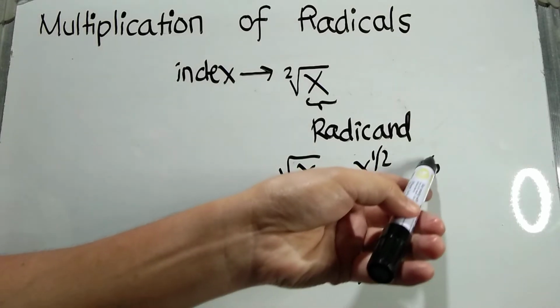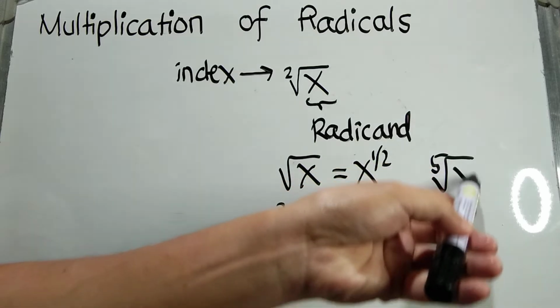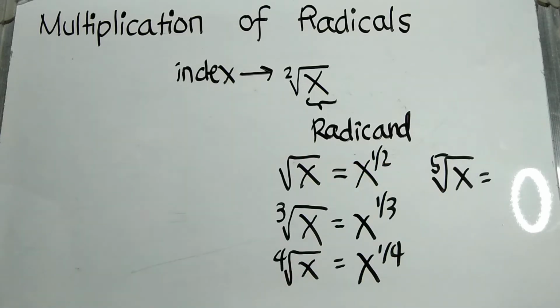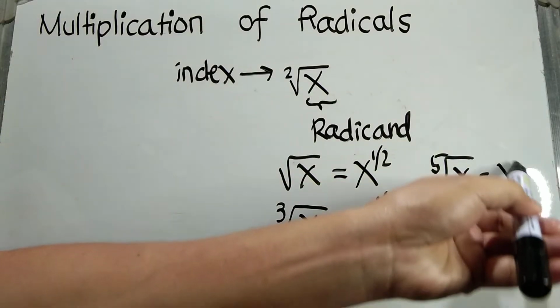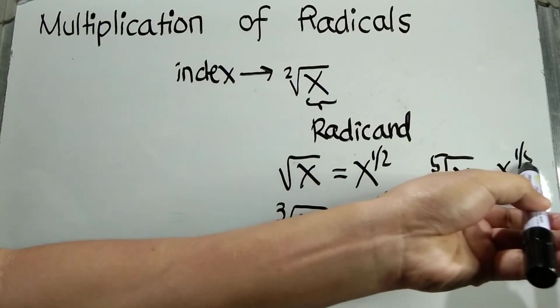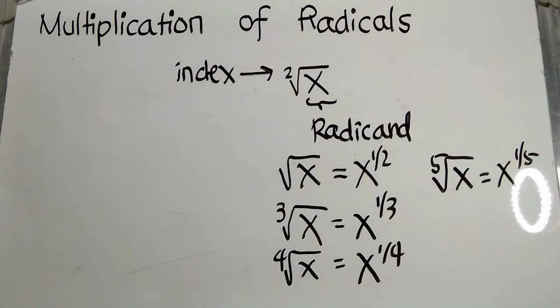So if you have here the fifth root of x, what do you think is the corresponding exponential expression? That is x raised to the power of 1/5. That is all about radical expressions.